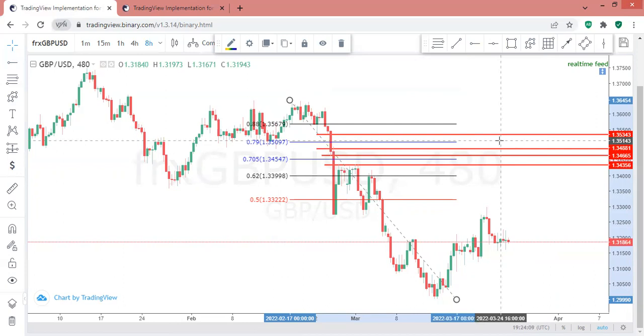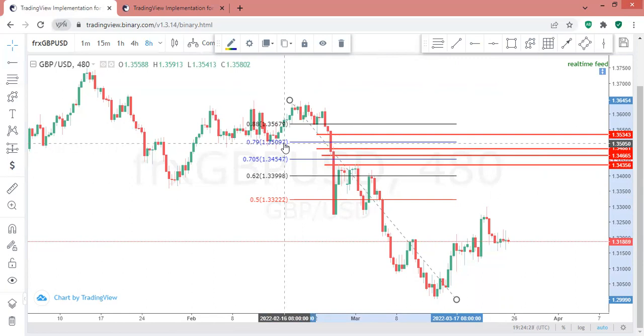That's why I have one area red on my Fibonacci, and I have some areas blue. Whenever I'm looking for my discount or my premium zone, I look to these blue areas.